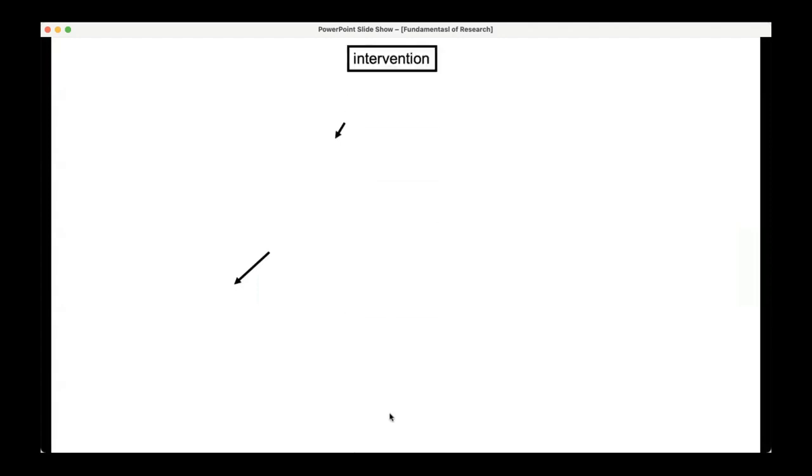So suppose first of all, we think in our mind when we are starting the research, does our research need intervention? If the answer is no, there is no intervention in our research, or yes, there is intervention.